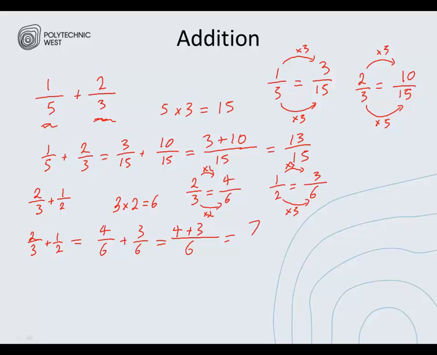Equals 7 over 6. And I can simplify that because 7 over 6 is actually 6 over 6, and 1 over 6, and 6 divided by 6 is just 1, and that leaves me my sixth. There we go, that's addition.